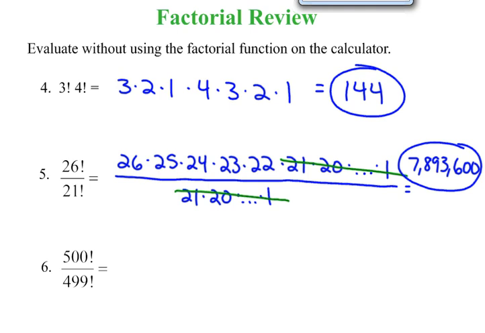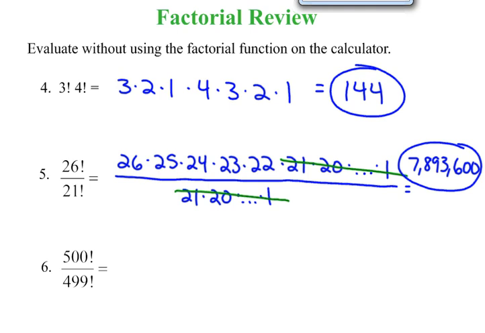All right, so now we're ready for number 6. If you type this into your calculator, you will get an error message and it'll say overflow because the numbers are way too big. But since we understand number 5, we know how to do number 6.